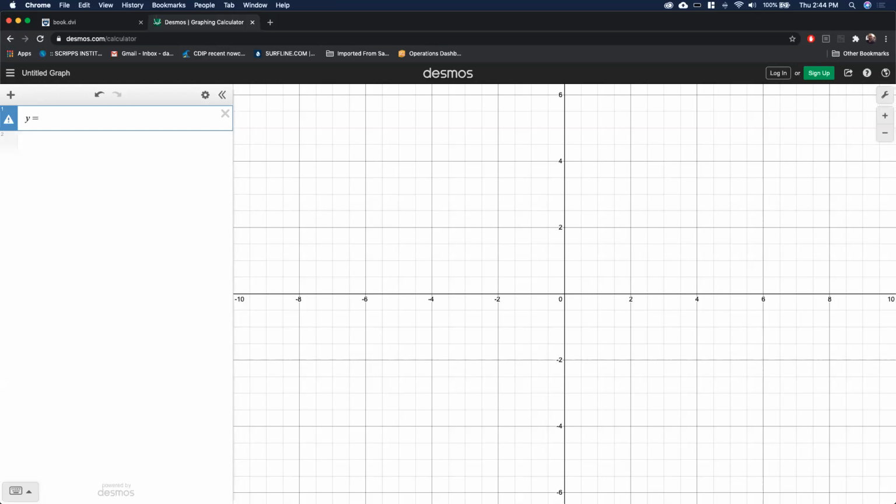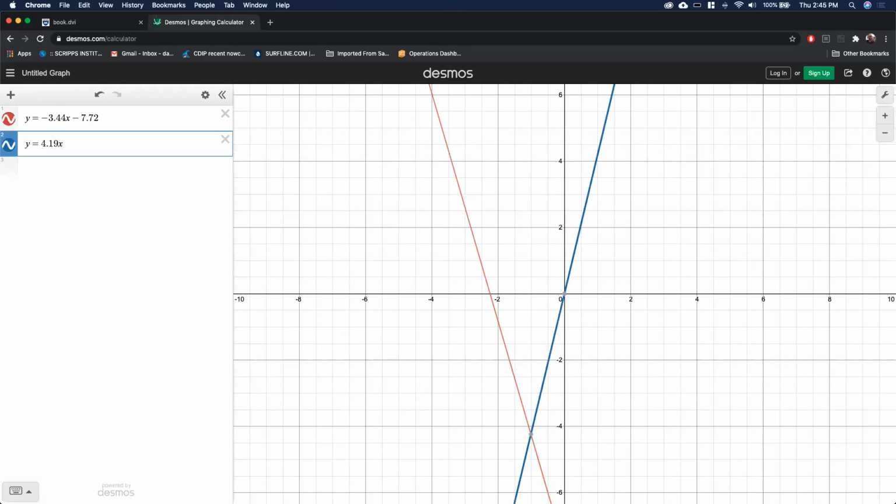Yeah, so you can type these into Desmos and it's nice. It'll give you the -3 point. So this is y equals negative 3.44x minus 7.72. And then you can make another one, y equals 4.19x minus 8.22.